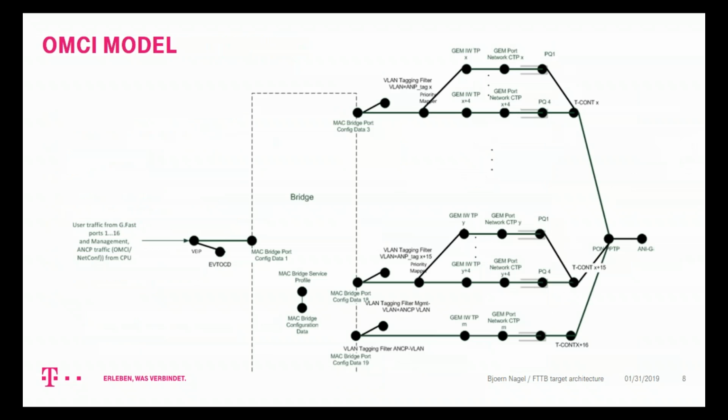So that's more or less what you have on the picture before, but with the concrete managed entities which have to be addressed with the MAC bridge as a central unit, and on the left-hand side you have the virtual Ethernet interface point, and then you have these MAC bridge ports with a VLAN tagging filter for the dedicated user, for the dedicated outer tags, which were assigned by the switching part of the DPU, and then the priority mapper to sort the different priority into the 4 gem ports and associated queues, and then map everything in the different T-CONs.